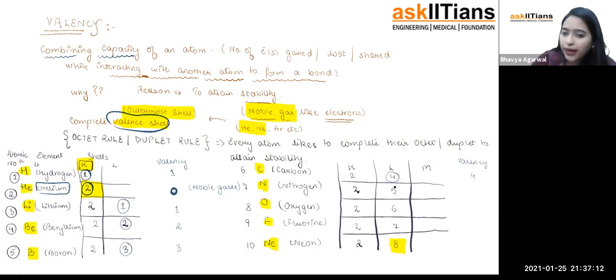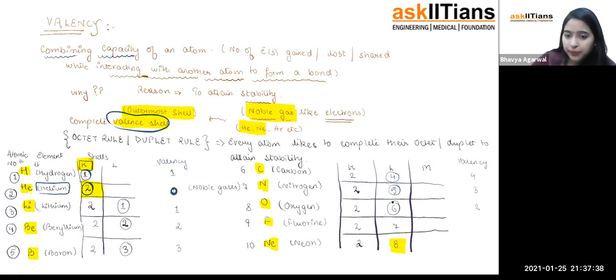In nitrogen, the valence electrons are 5. So this time the valency will be 8 minus the valence electrons. Because whenever the valence electrons are from 5 to 8, valency is always 8 minus valence electrons. So 8 minus 5 is 3. For oxygen, the valence electrons are 6. So valency will be 2.